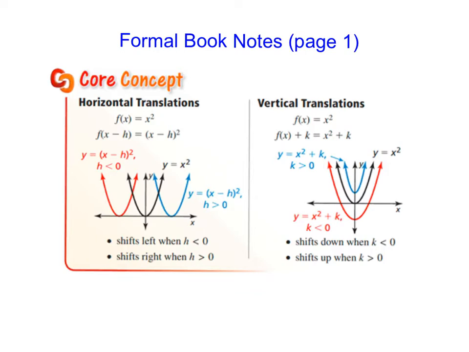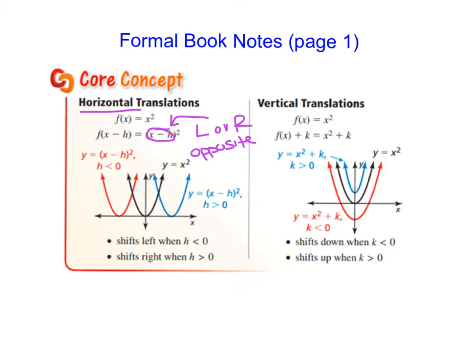You should already know at this point that if you add a value to the inside of the parentheses with x, which we can see here, it's going to move the graph left or right. And remember, with horizontal translations, these work the opposite of what we expect.